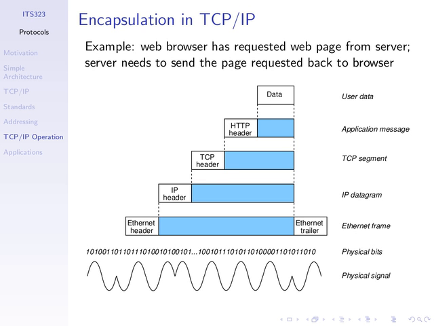What do we get? 10,108 bytes. So to transmit that original data of 10,000 bytes from B to A across our single link, we have to transmit 10,108 bytes across the link.